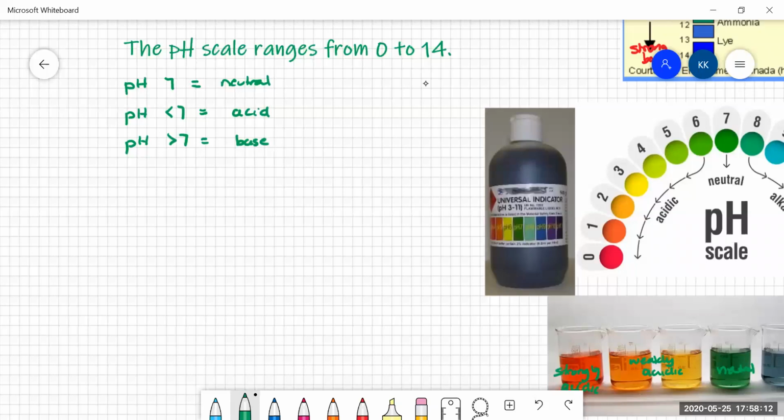The way we calculate pH is from the concentration of H3O+ in a solution. You'll remember H3O+, or the hydronium ion, is a hydrogen ion attached to a water molecule.